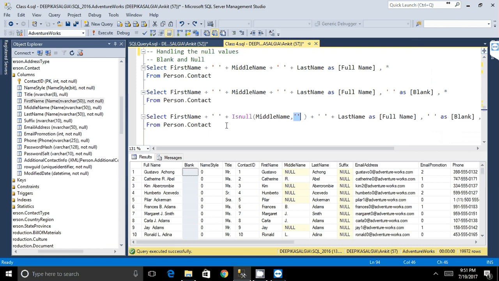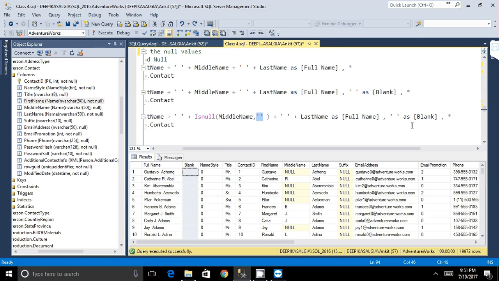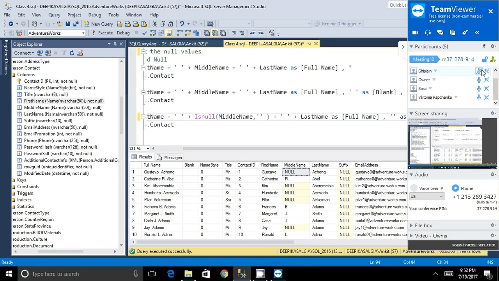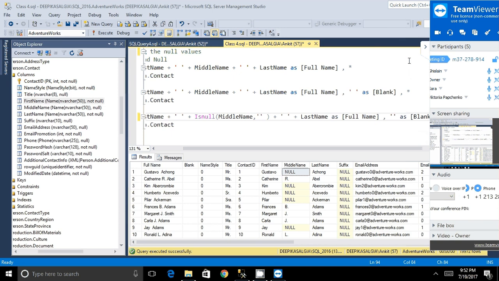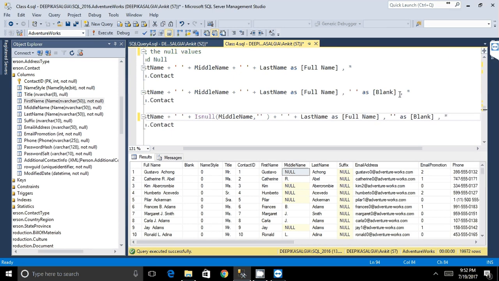Do you see what I did? I have the blank. What blank basically is, it's nothing. It's not the same as null. So this white space is called a blank value. All right, is it clear? So the blank, when I introduce it, is different than null.